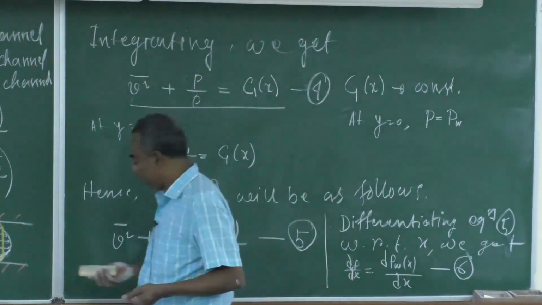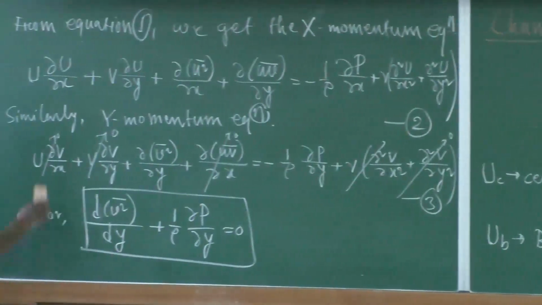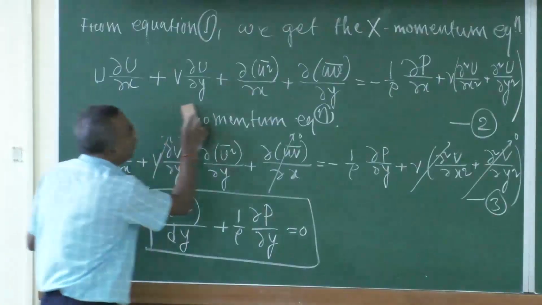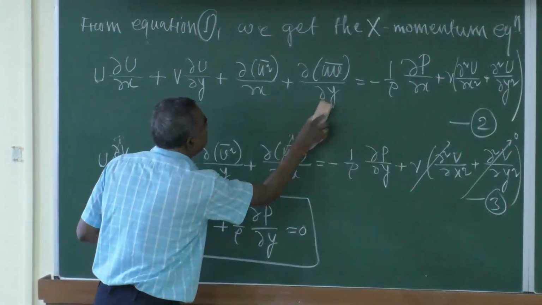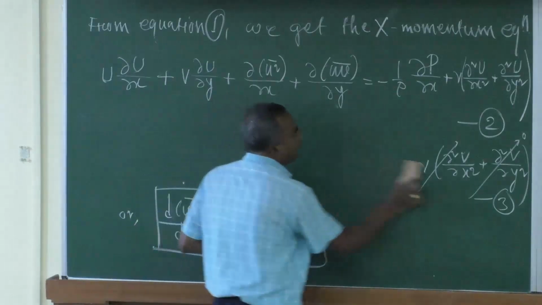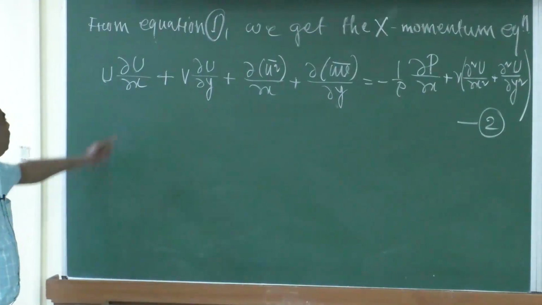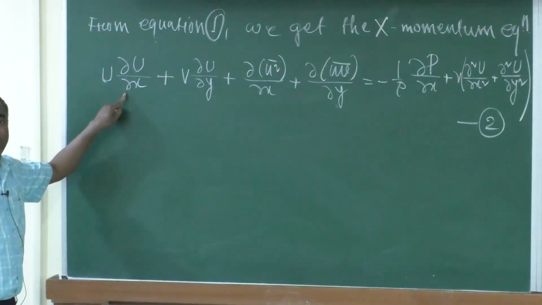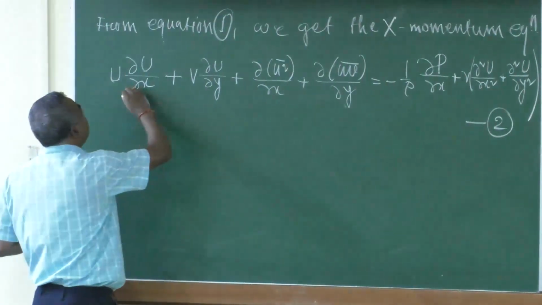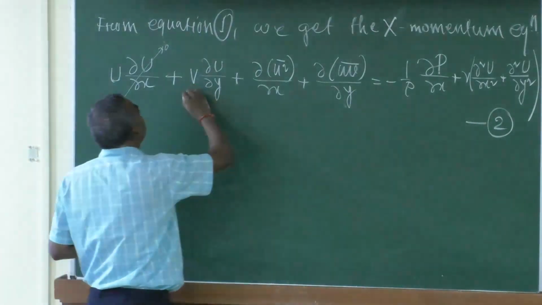Now, what can we do? We can consider now the x momentum equation here. Now we can simplify this x momentum equation. For fully developed channel flow, this particular quantity is 0, V is 0, this is also 0.